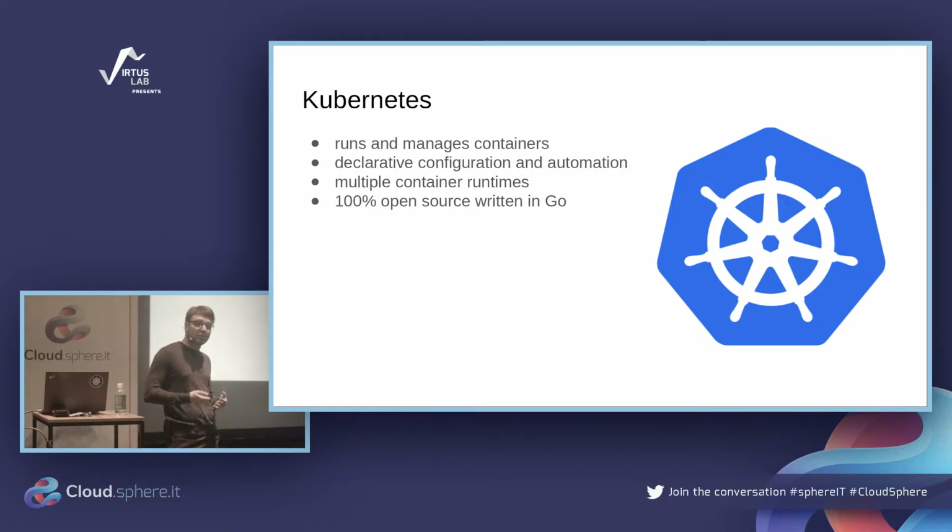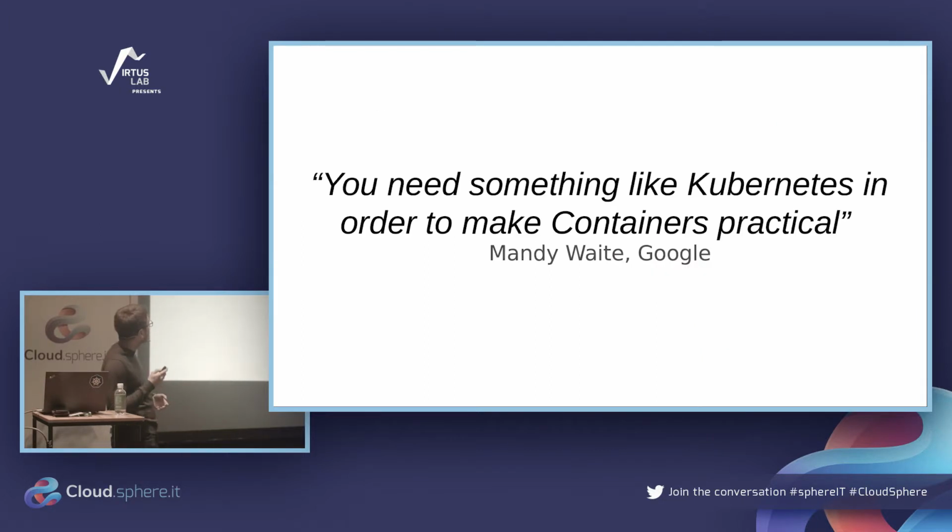This is a very well organized open source project, probably the biggest one in the open source community. So you need something like Kubernetes in order to make containers practical. Let's be honest, containers themselves are not so useful without a proper abstraction and automation layer. It will be really hard to run a complex distributed system just on Docker.